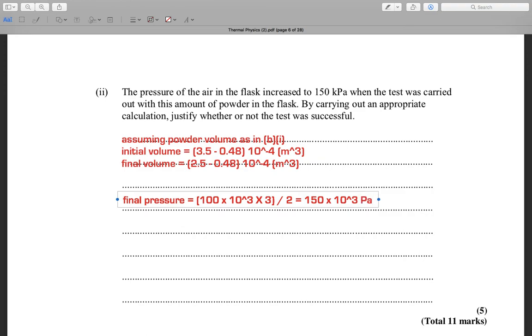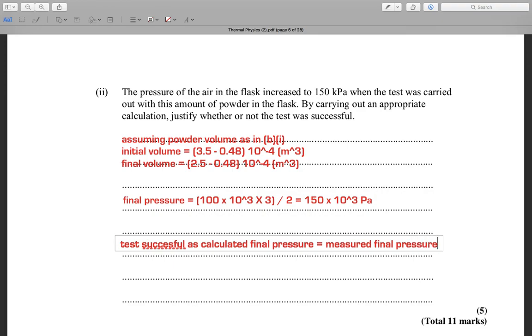It means the test is successful, as the calculated final pressure is the same as the measured final result.